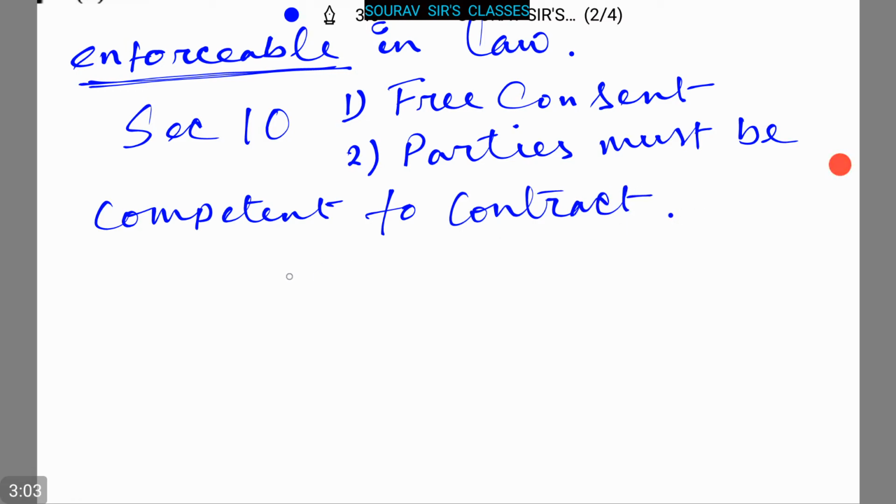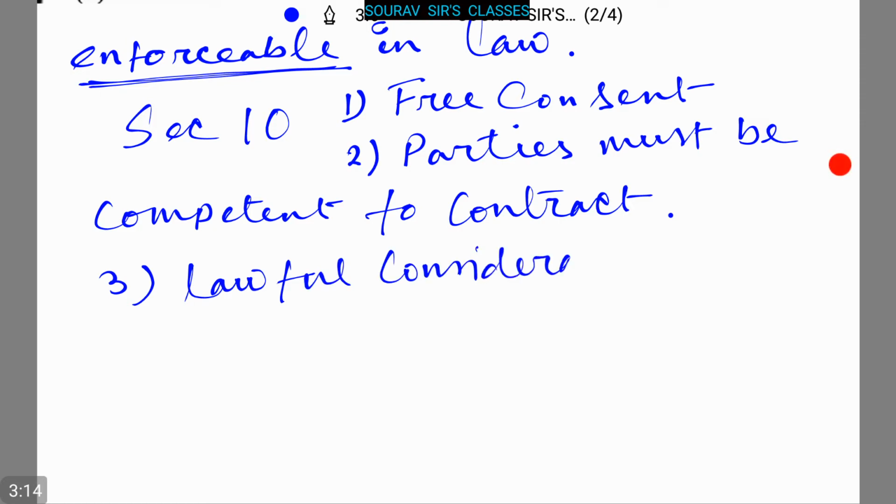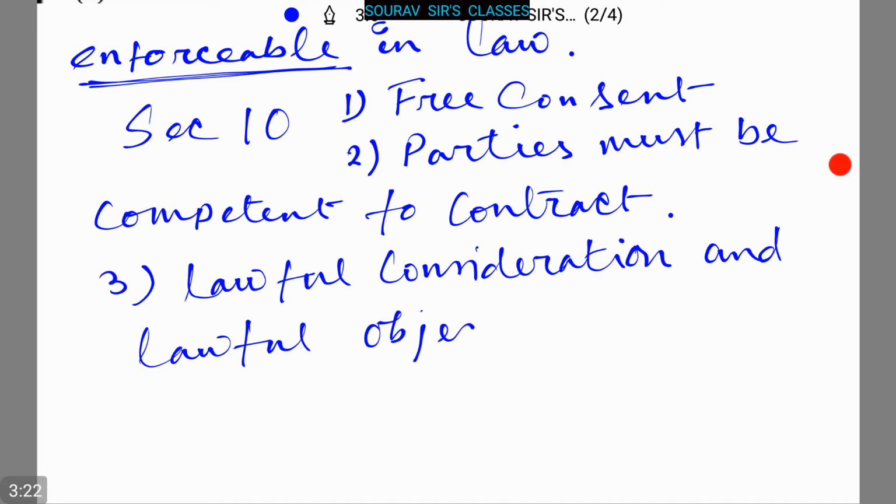The third point is, it must be made for lawful consideration and lawful object. And the last one is, it must not be expressly declared to be void.